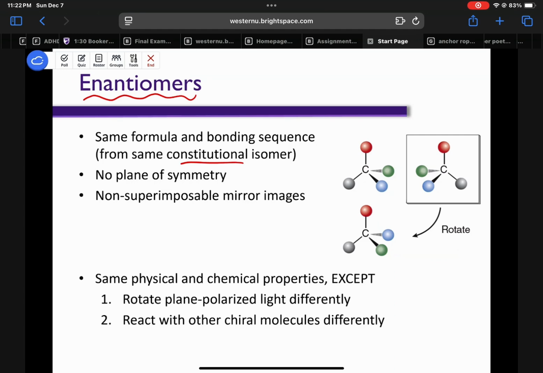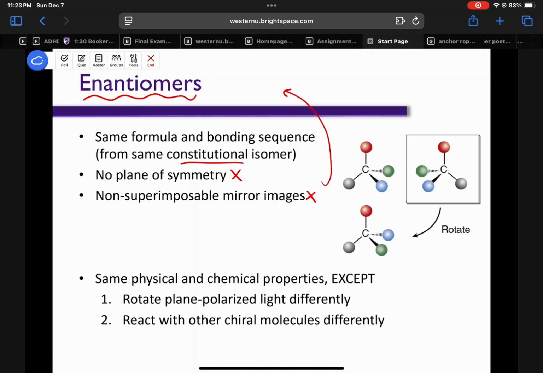They're even built from the same constitutional isomer. That central carbon has a red, green, black, and blue on both molecules, so they have the same connectivity. It's from the same constitutional isomer, but they're different in three-dimensional space. They're stereoisomers.